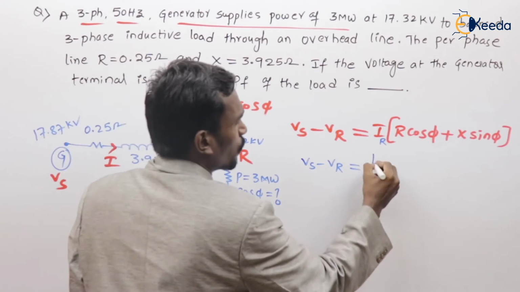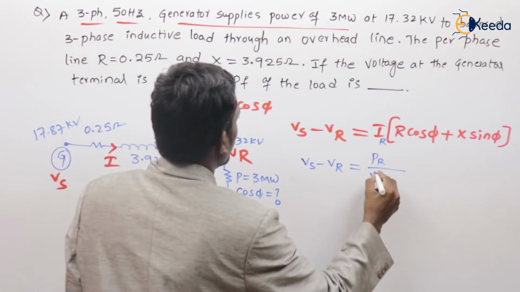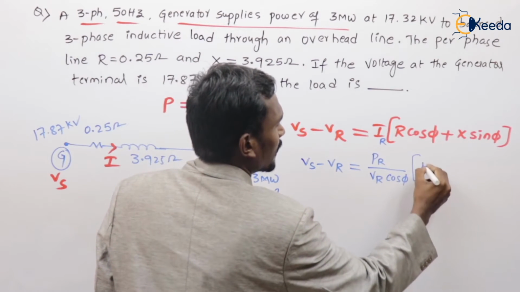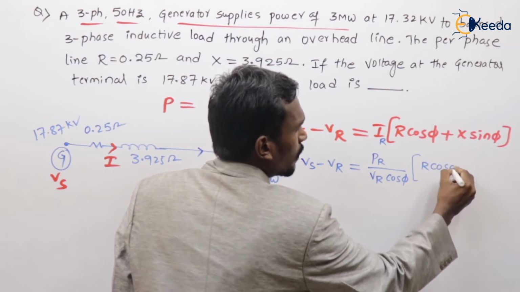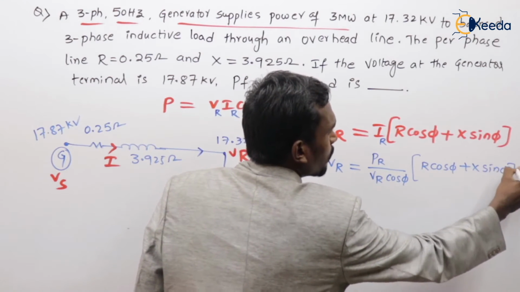IR is equal to the receiving end power by Vr cos phi, multiplied by R cos phi plus X sin phi.